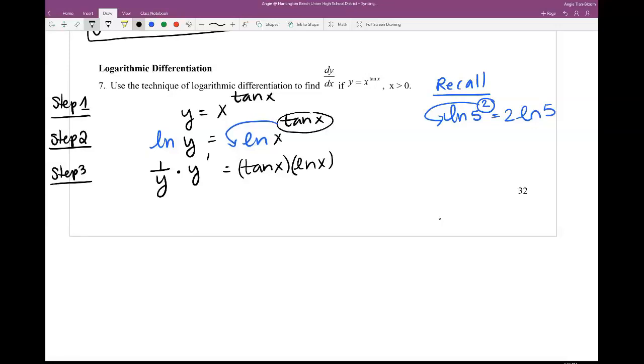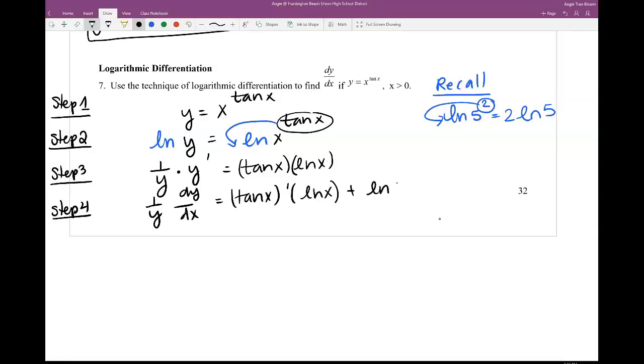Then if that's a multiplication, I can do the derivative using the product rule. So that's what I would do now on step number 4. I will rewrite this as dy dx because I like to solve for dy dx later. The rule says I need to take the derivative of u times v plus the derivative of v times u: u prime times v plus v prime times u.